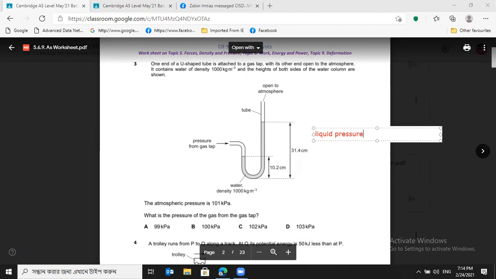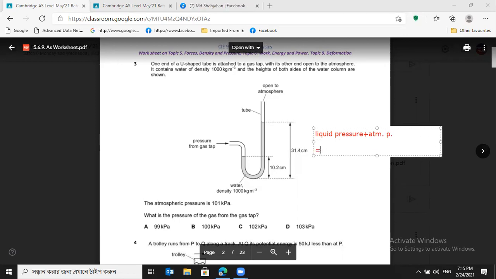Liquid pressure plus atmospheric pressure, right? Then you have to find your liquid pressure.